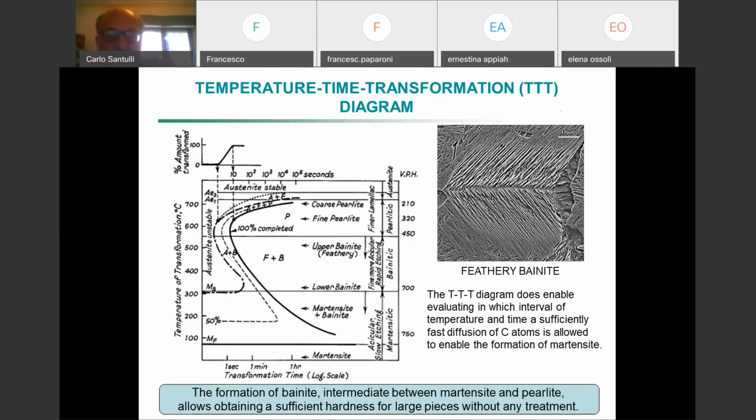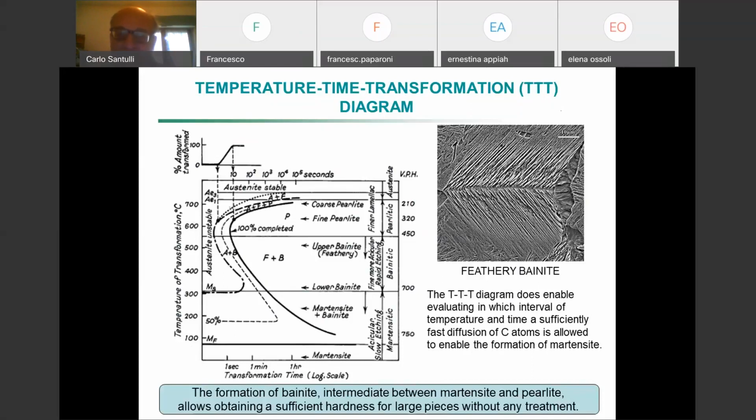So there is this interval, 100% in terms that we have completed the transformation to martensite. From austenite we transform to martensite, and in practical terms, martensite doesn't occur above around 700 degrees, because beyond that we have an austenite which is stable. The austenite, you remember, has face-centered cubic crystals, or lattice.